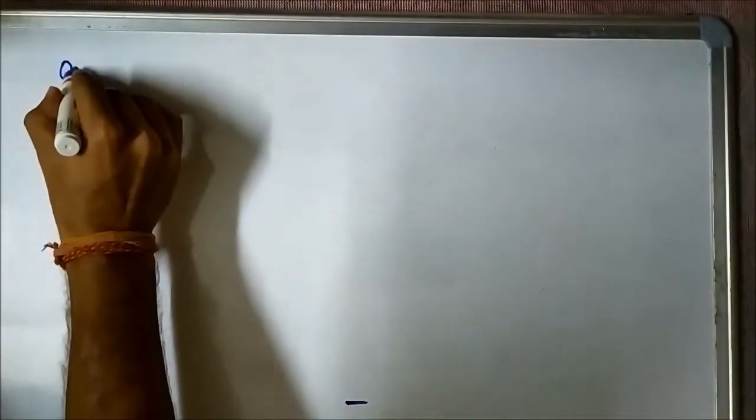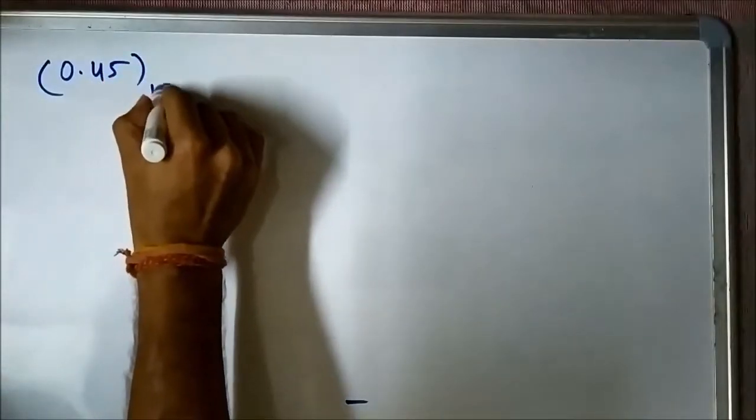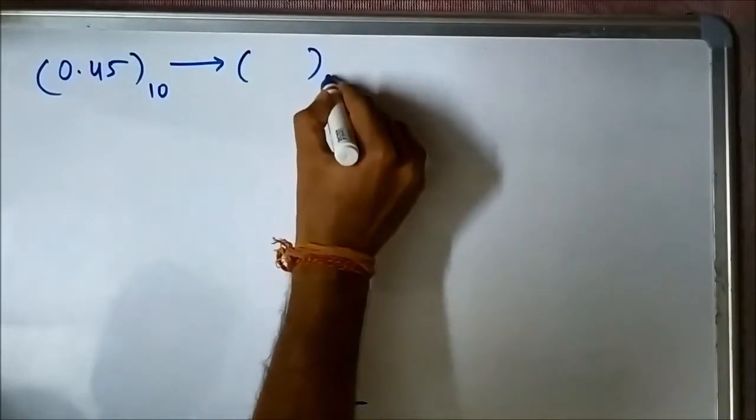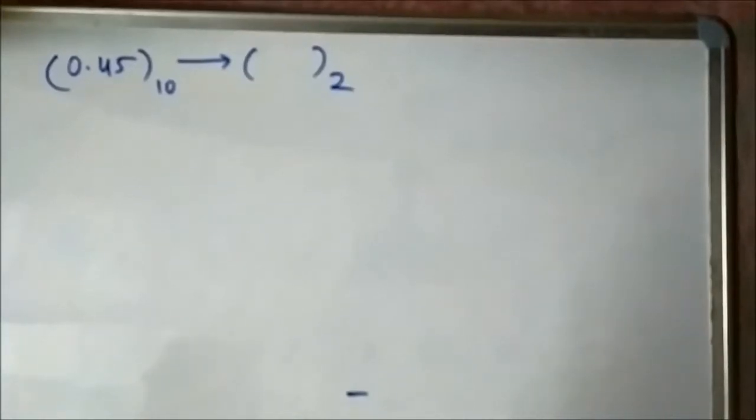Now let us say we take a fractional number, let's say 0.45, which is in decimal form, and we have to find out its equivalent binary representation. So how are we going to do that?